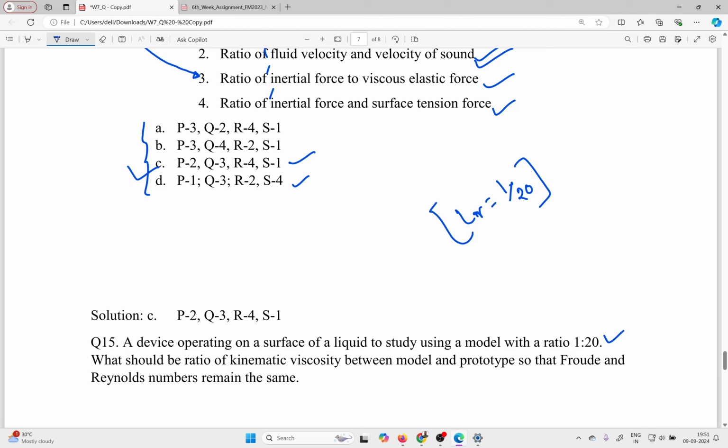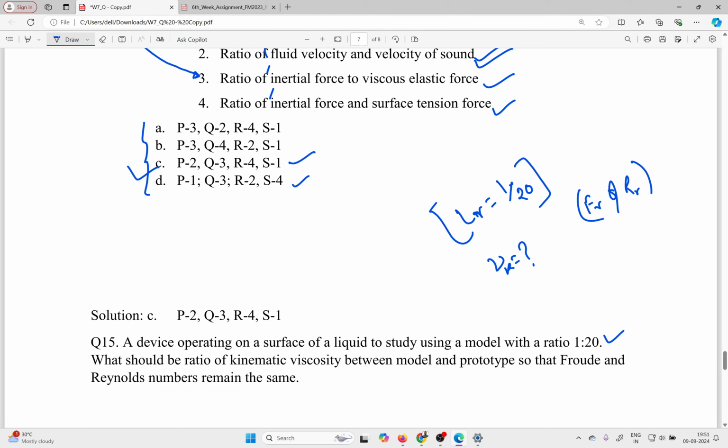What should be the ratio of kinematic viscosity between model and prototype, so that the Froude number and Reynolds number remain the same? Your Froude number and Reynolds number remain the same. So here two conditions are given.